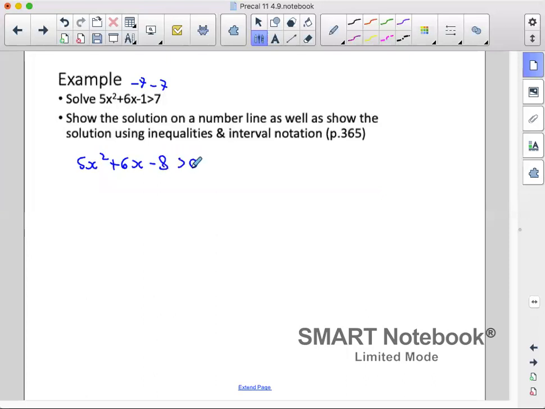Now right away I can see that this may be a bit hard to use the quadratic formula, but we'll try to product-sum factor it anyway. So we have a product of 5 times -8, so -40, with a sum of 6.